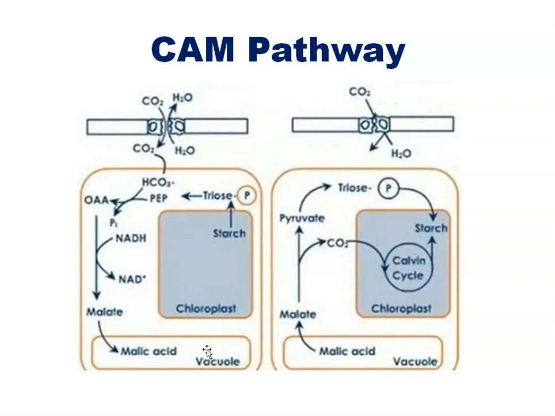This malic acid, which is produced in the dark, is stored in these vacuoles. Malic acid then increases the acidity of the tissues. That's why this step is called acidification. And during deacidification, malic acid is removed and it decreases the acidity of the cells. Here decarboxylation occurs, carbon dioxide is removed, and it can be used in the Calvin cycle for the production of sugar.